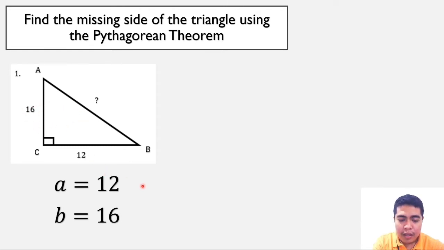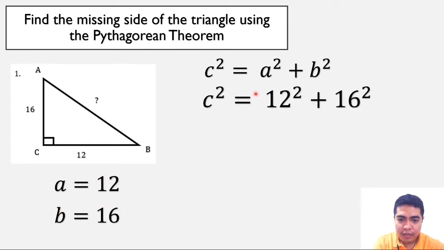Now, by using the Pythagorean formula, c squared is equal to a squared plus b squared, we substitute the given values in the formula. We come up with c squared is equal to 12 squared plus 16 squared. Now, simplify.